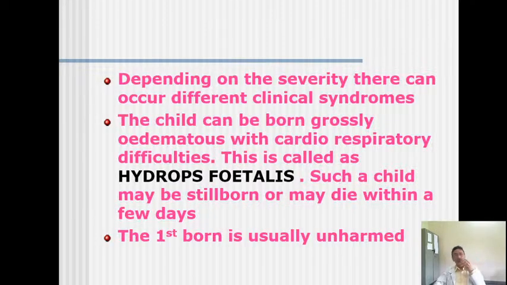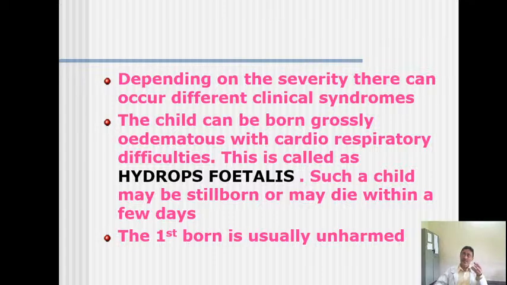Now I will explain to you what happens. Now there are antibodies which have crossed from the maternal circulation into the fetal circulation. The RBCs are in the fetal body. Now within the child, the antigen antibody reaction is taking place. The antibodies are destroying the RBCs.